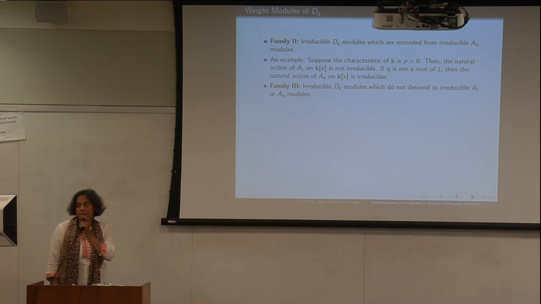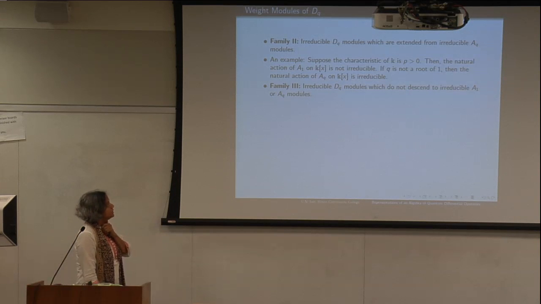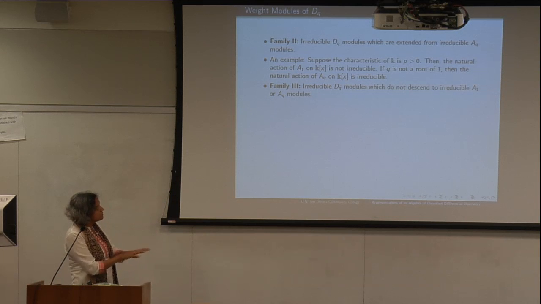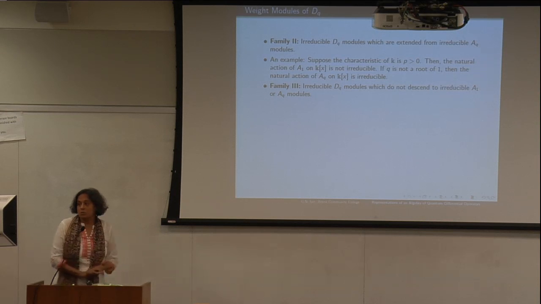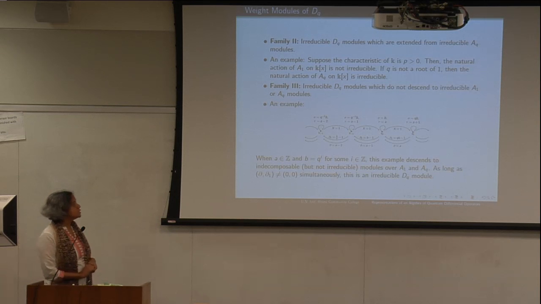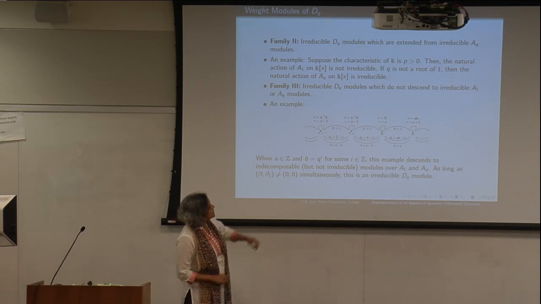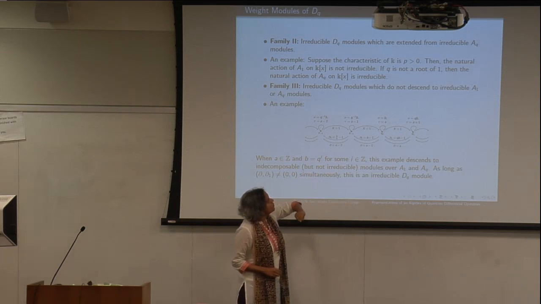Family 3. Here we have modules which are not irreducible either as A1 or AQ modules, but they are patched in such a fashion that they form an irreducible DQ module. An example is this picture. X is the going up operator.